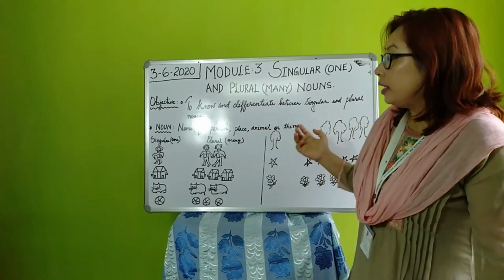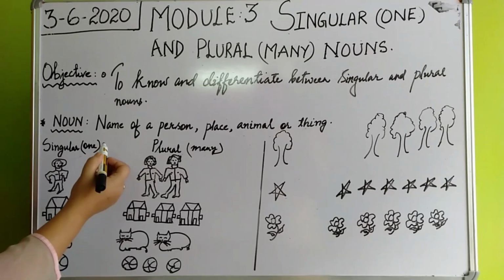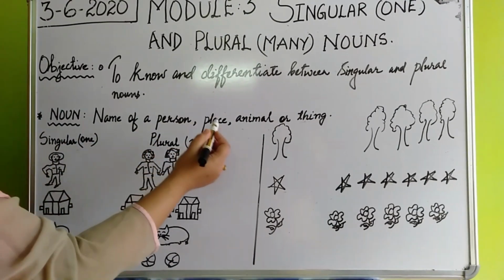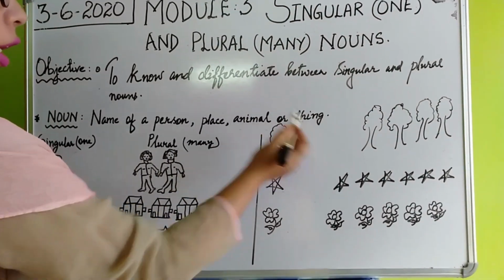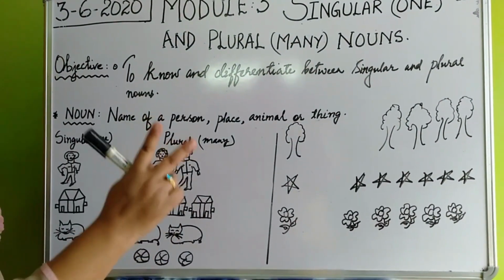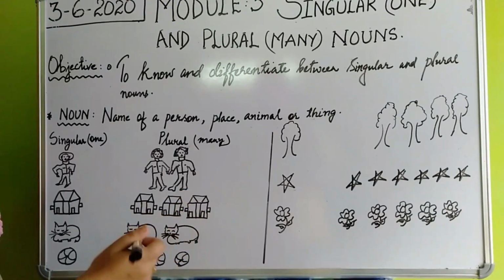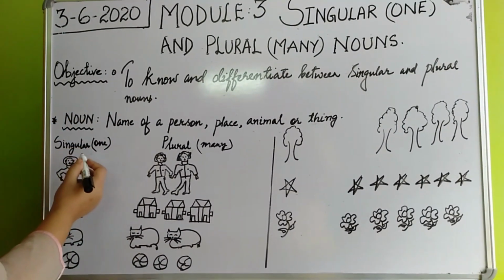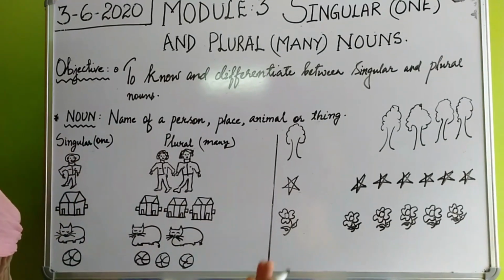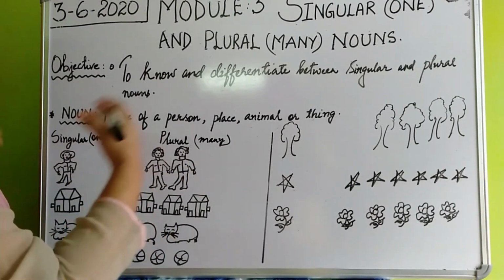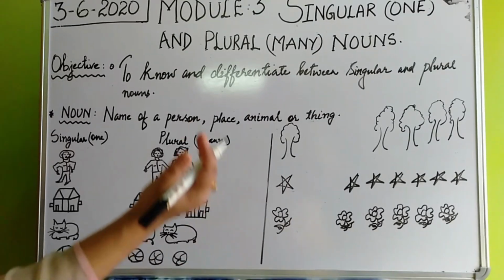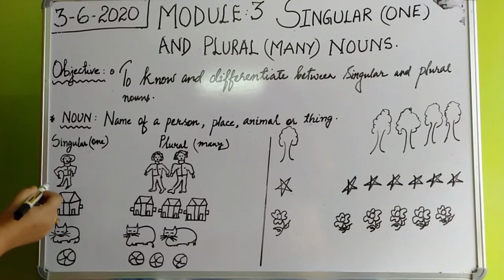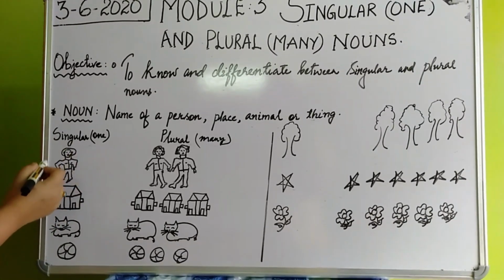So come, let us see, class. Students, I have already told you that a noun is the name of a person, place, animal or thing. It can be in two forms: only one, singular form, or more than one, called plural, many. So let us see, what is this, student? Here you can see a picture of a boy.